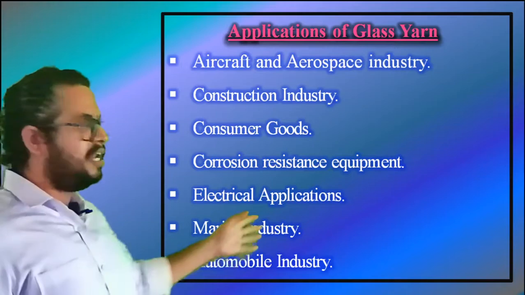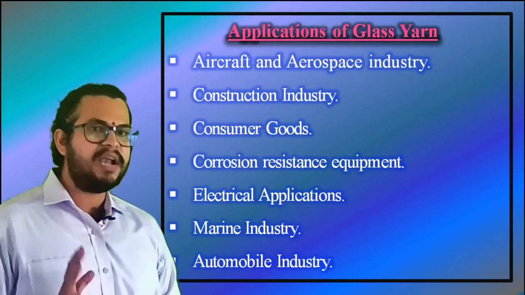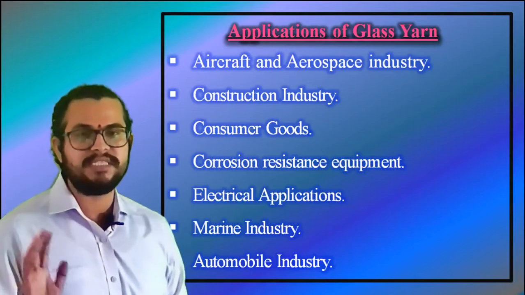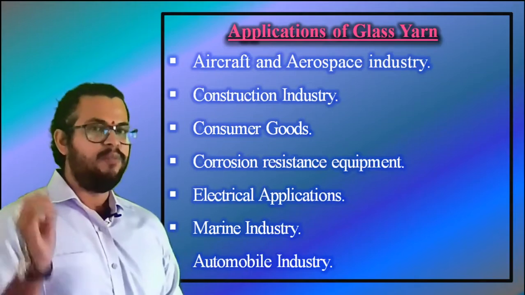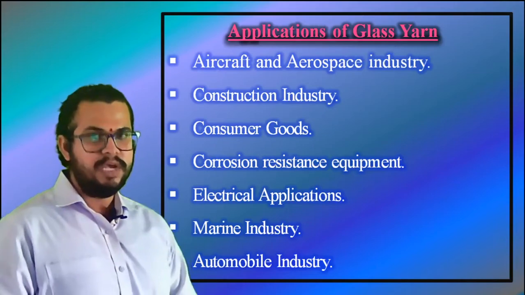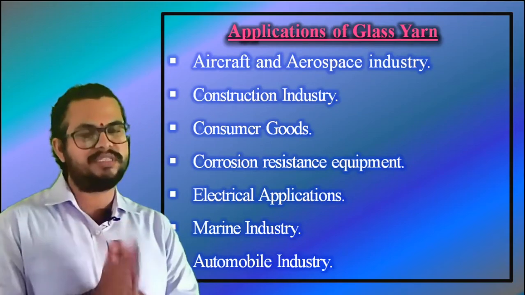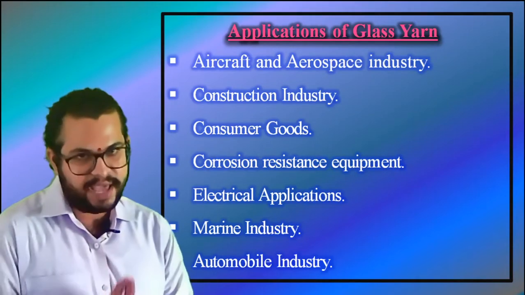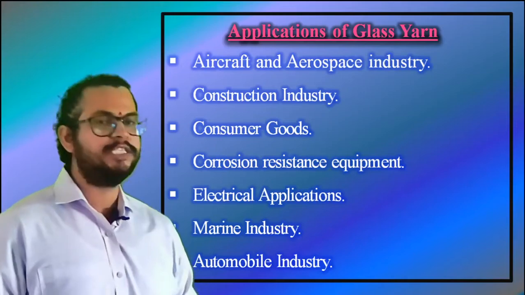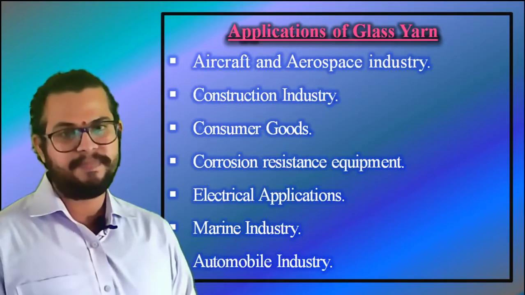The next application in our list is corrosion resistant equipment. There are a lot of items that have to be made with material that is resistant to corrosion. These are items that are to be used in hostile environments and hence have to be resistant to corrosion so that they can last a long time.